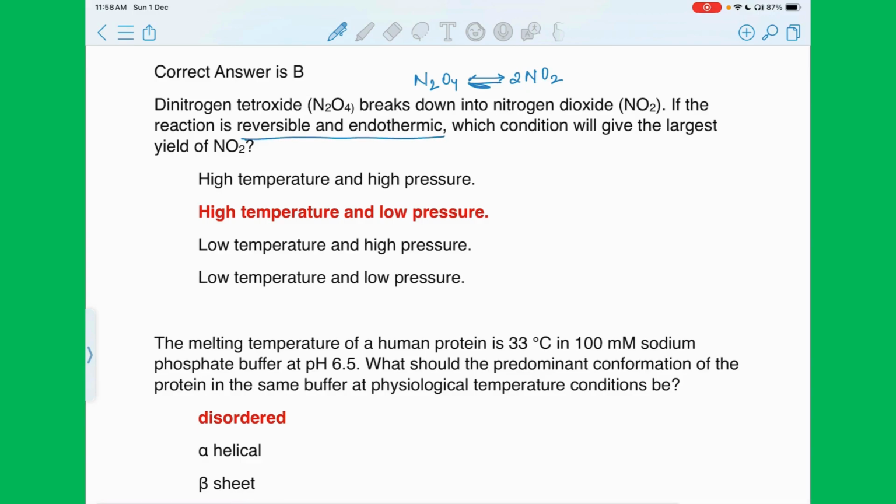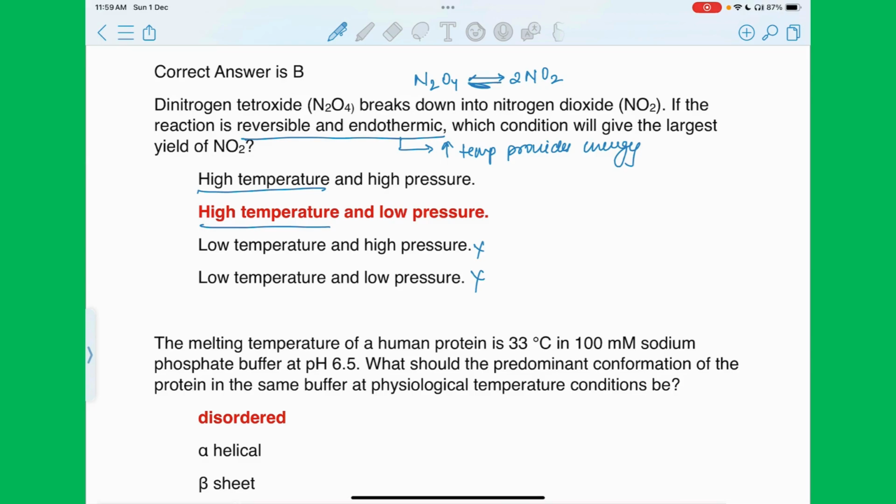So we know for the endothermic reaction, increasing temperature provides the energy for the reaction to proceed forward. So let's check for which option says high temperature. These two options are for the high temperature. We eliminate these two options.